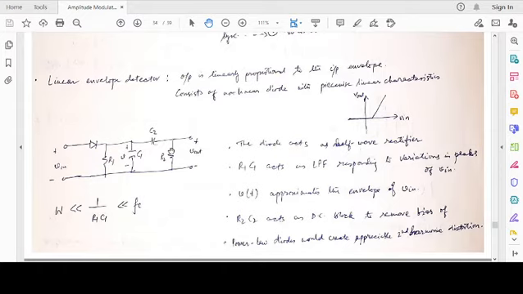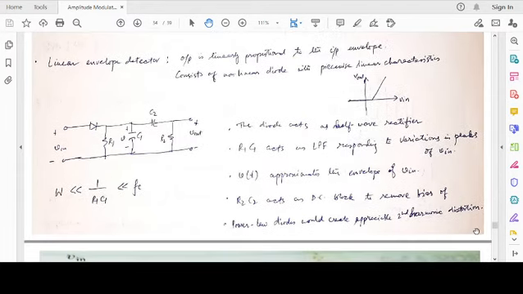Power law diodes would create appreciable second harmonic distortion, so we want an ideal square law. The requirement for R1C1, which acts as a low pass filter, is that 1 by R1C1 should be much greater than the bandwidth of the message signal, and much less than the carrier frequency.